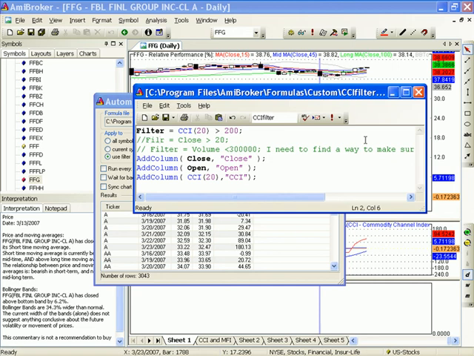Oh, filter, let me turn this one off. Insert, filter, close, Control S. And let's run it again.